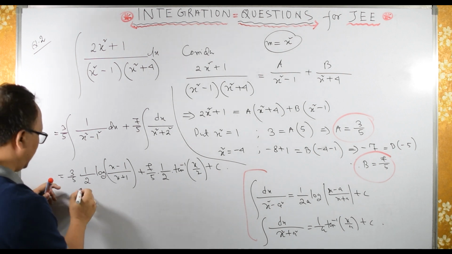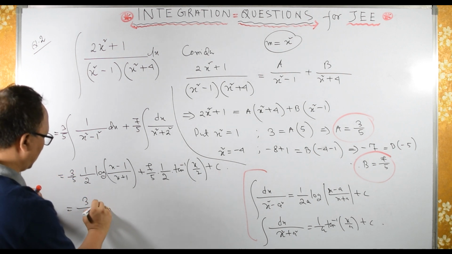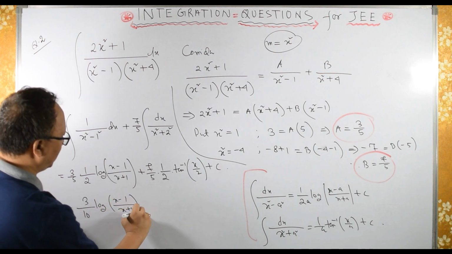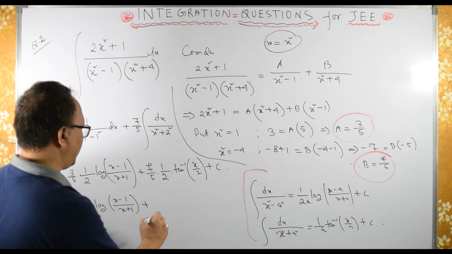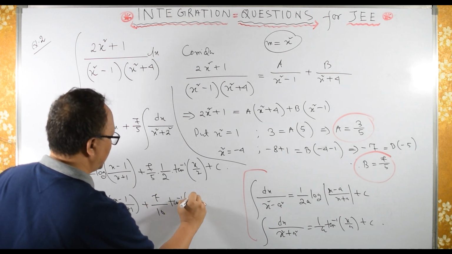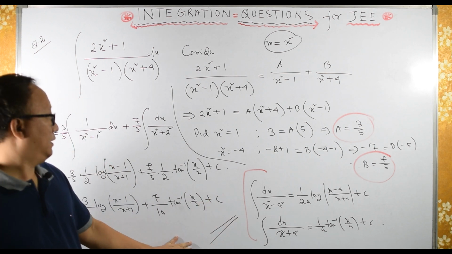So this is 3 upon 5 twos are 10, log of (x minus 1) upon (x plus 1), plus 7 upon 5 twos are 10, tan inverse x by 2, plus c. This is the required answer.